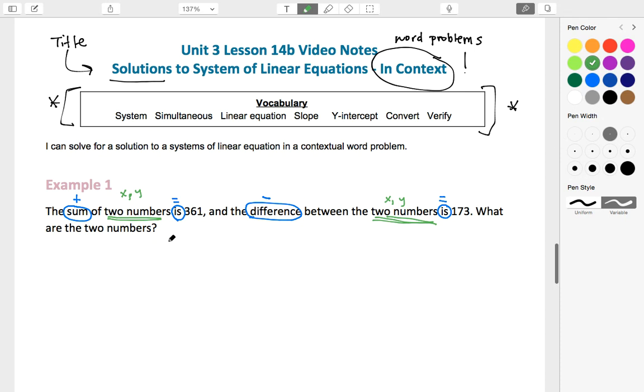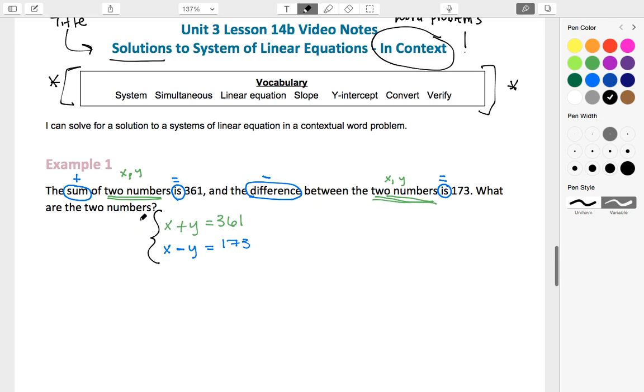So I can say x plus y equals 361. And then the difference between the same two numbers is 173, so x minus y equals 173. Okay, and from there, we have our two equations, equation 1 and equation 2, which is great.